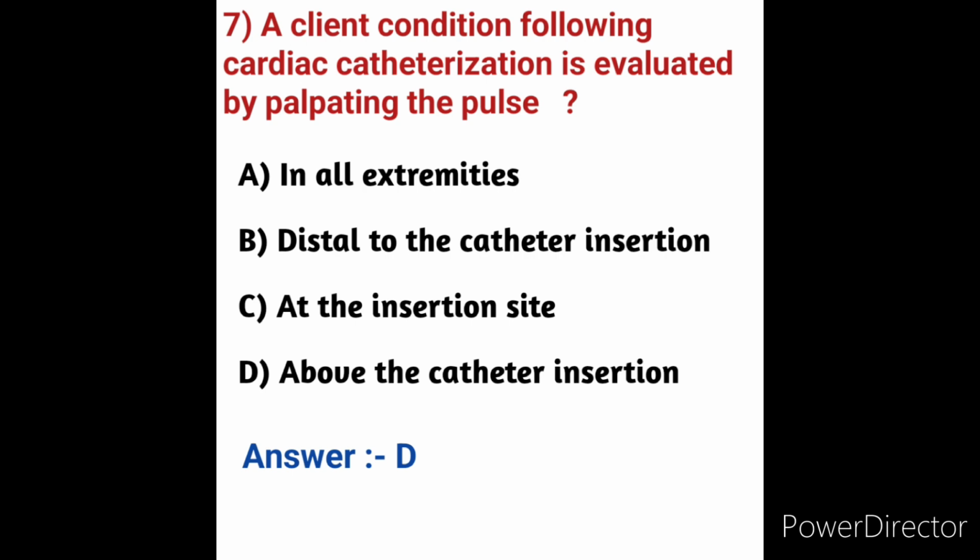We have to check for discoloration of the limbs. Some patients have a hematoma at the site of cardiac catheterization, which is also a major issue, so the nurse should check for hematoma formation at the site. Here, evaluating the pulse distal to the catheter insertion, option B, is the correct answer.